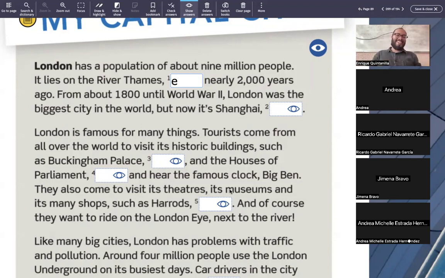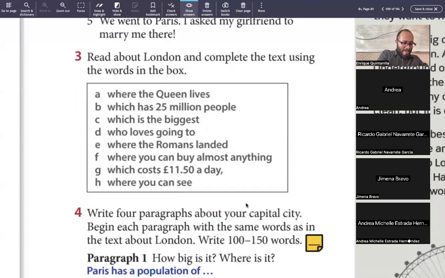The answer in the paragraph number 1 or 2. Number 2. ¿Qué letra? ¿Cuáles eran las opciones? The options. I noticed that you didn't do homework, guys. It's important you do. Here are the options in exercise number 3.